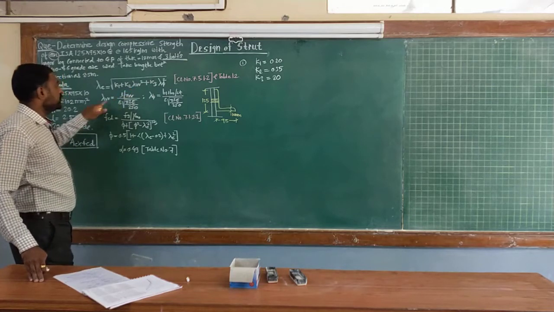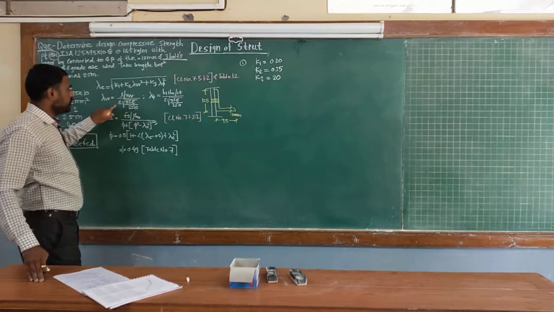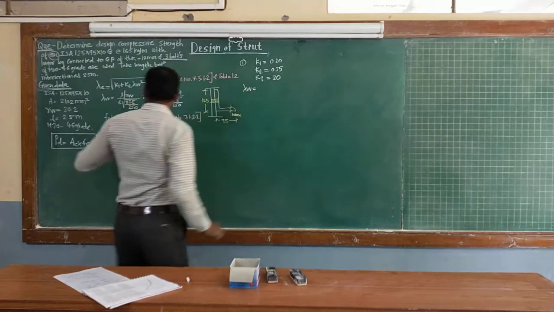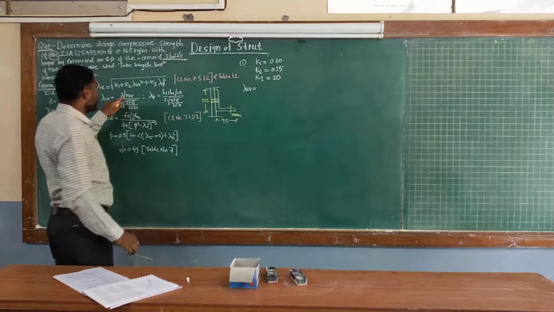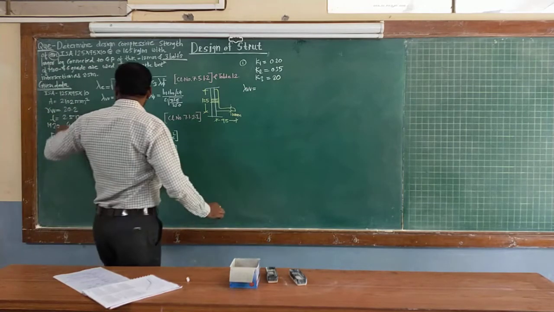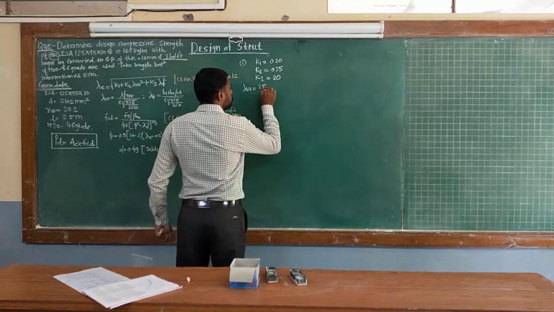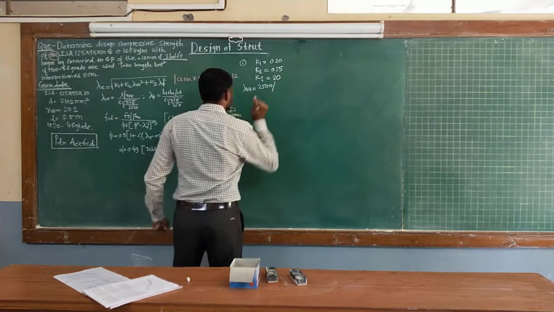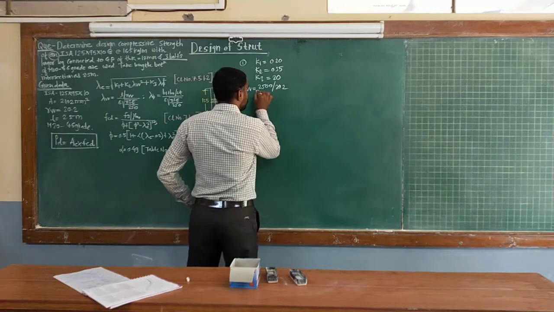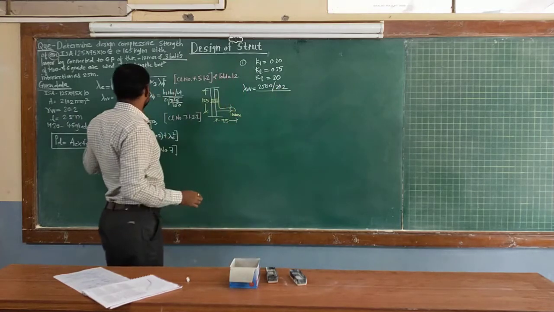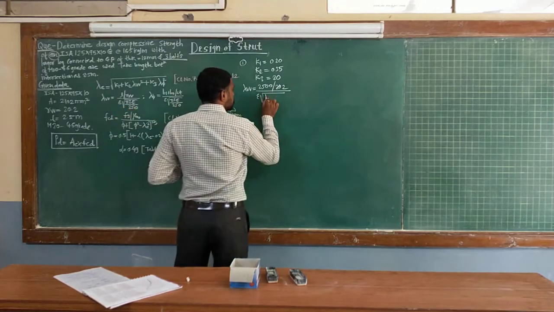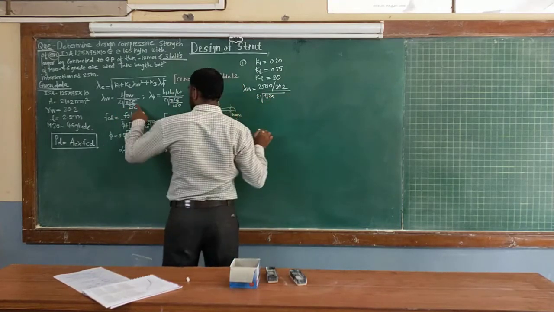So lambda VV is given as length divided by your RVV value. The length given in the numerical is 2.5 m, so that will be 2500 mm divided by the RVV value, minimum 20.2, divided by epsilon, that is always equal to 1 into bracket pi square into E value.